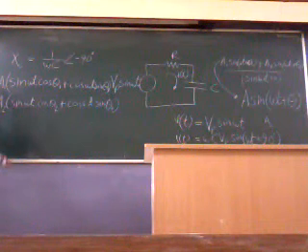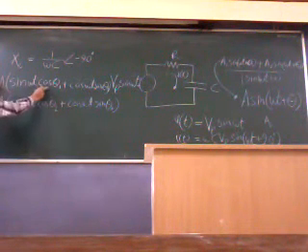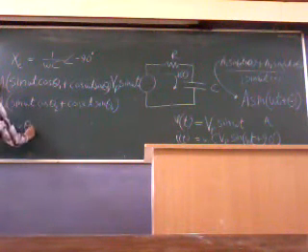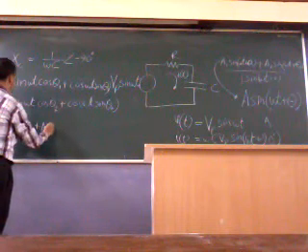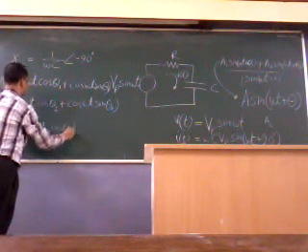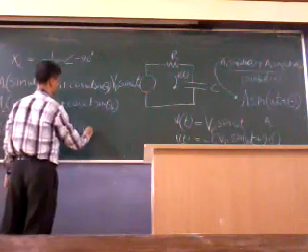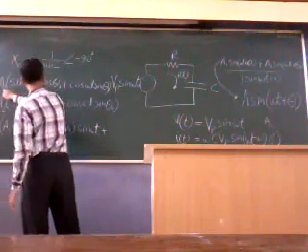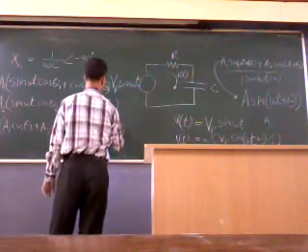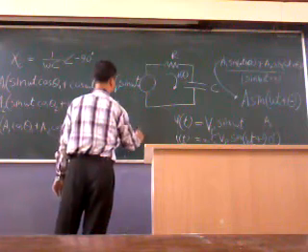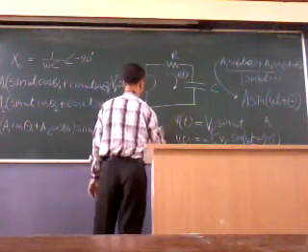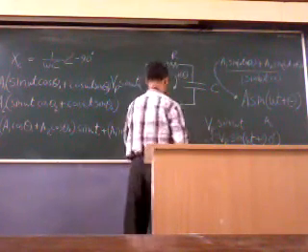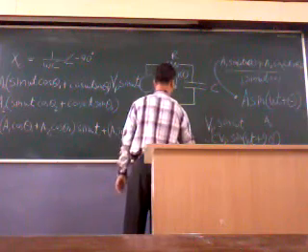So what will we get? For the sin terms, it is A1 cos theta 1 plus A2 cos theta 2, times sin omega t, plus A1 sin theta 1 plus A2 sin theta 2, times cos omega t.